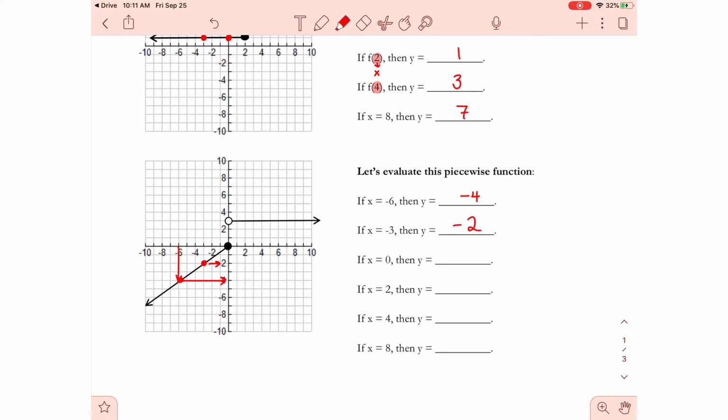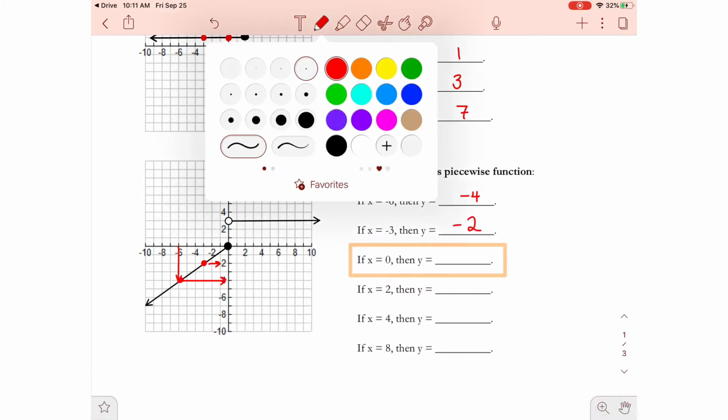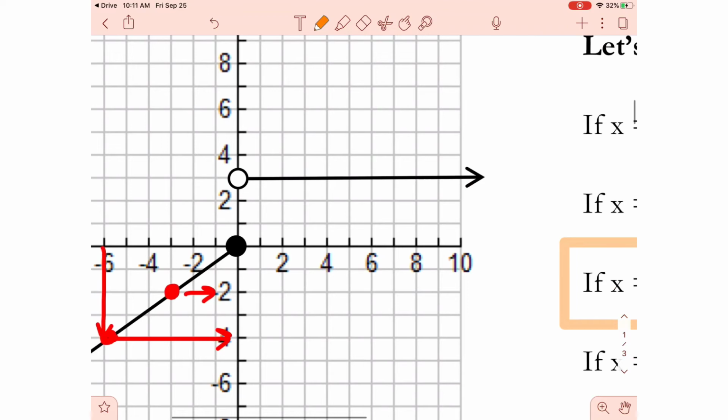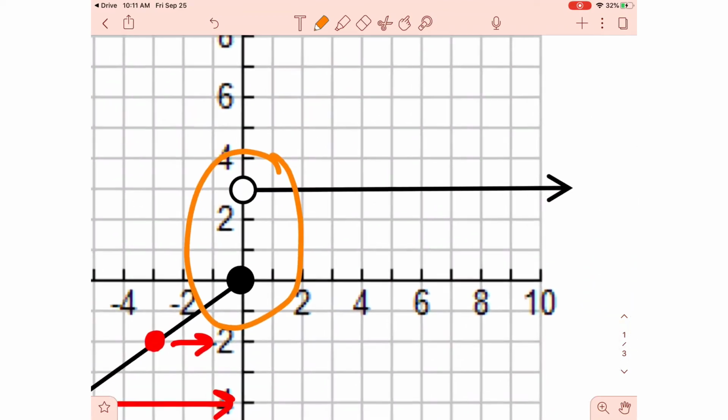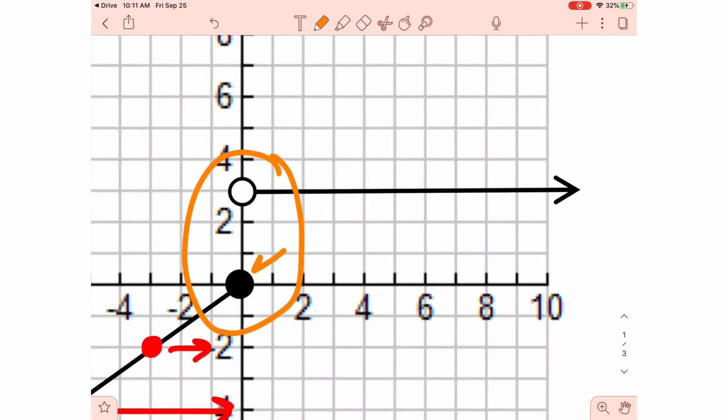And then this one, this is where it gets a little crazy, right? Because this is where the jump occurs at x equals 0. So which one is it? Is the answer going to be 0, where this point is, or is it going to be 3, where this point is?